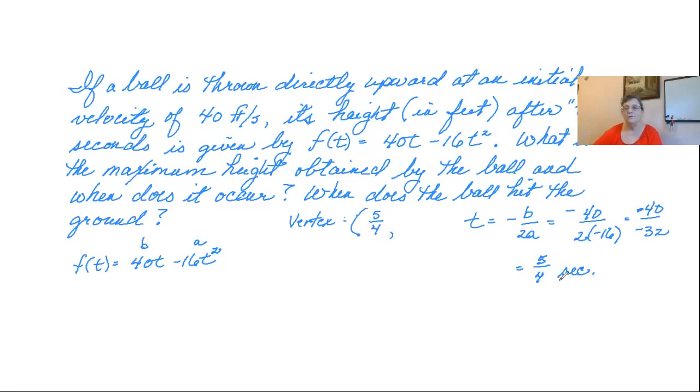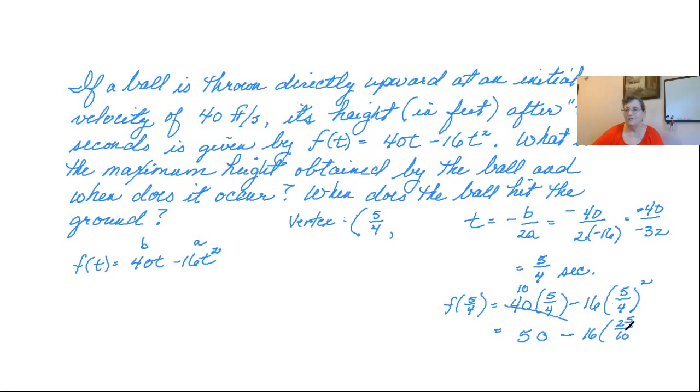The y value we would get by plugging that back in. So f of 5/4 is going to be 40 times 5/4 minus 16 times 5/4 squared. Okay, 40 over 4 is 10, so this is going to be a 50 minus 16 times 25 over 16.